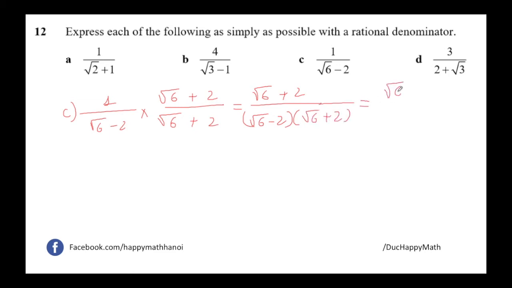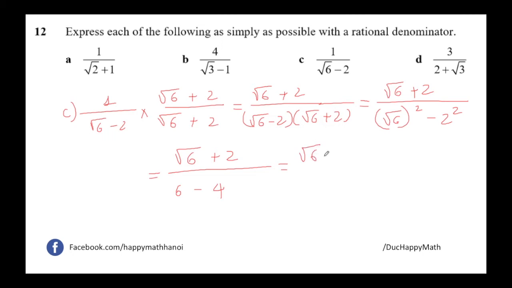So it is square root of 6 plus 2 over square root of 6 square minus 2 square, which is equal to square root of 6 plus 2 over 6 minus 4, which is over 2.